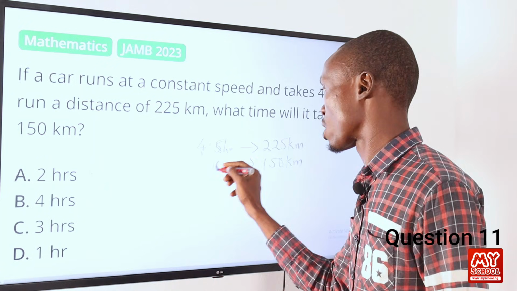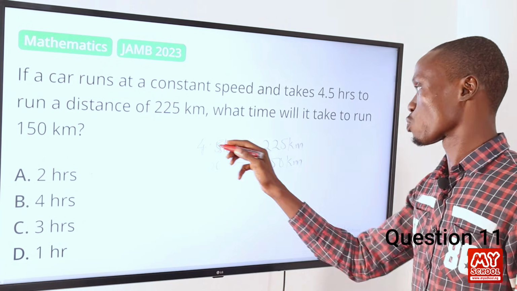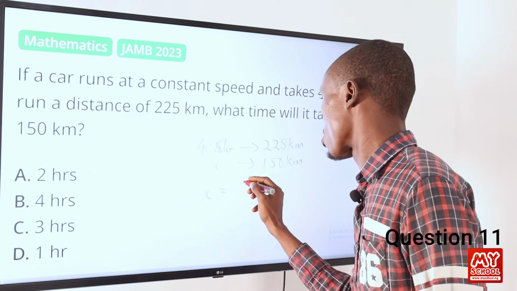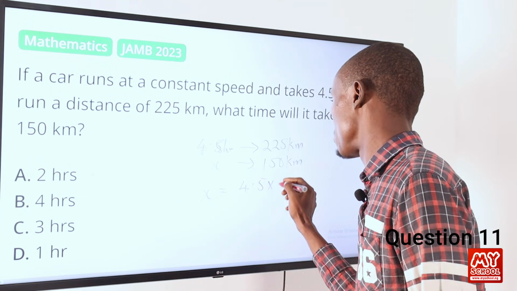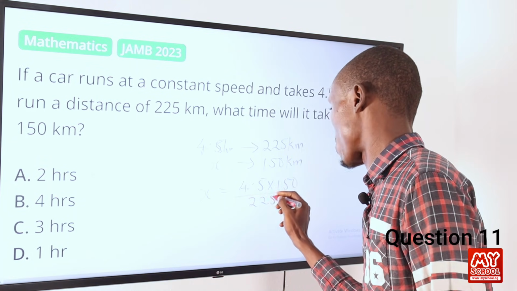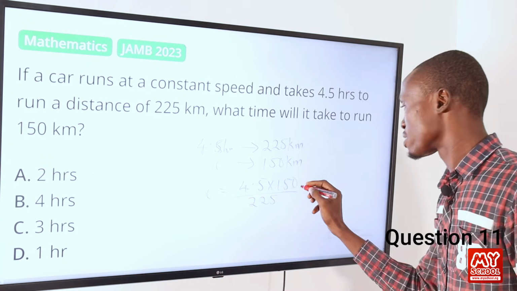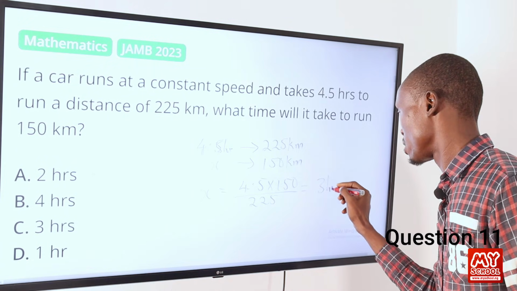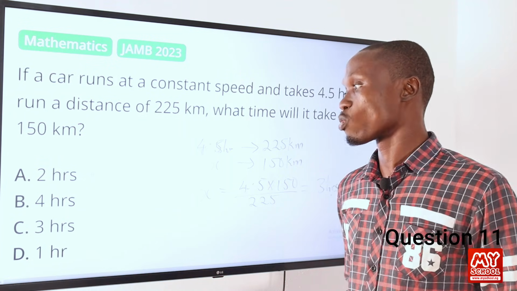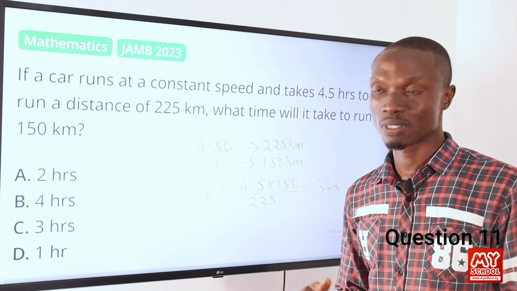We don't know, so we replace it with X. We just cross multiply, so X is equal to 4.5 times 150 divided by 225, and this will amount to 3 hours. So the correct option is option C, 3 hours.